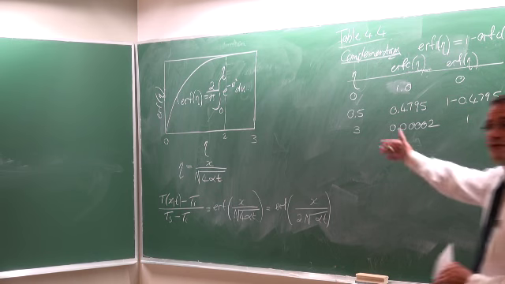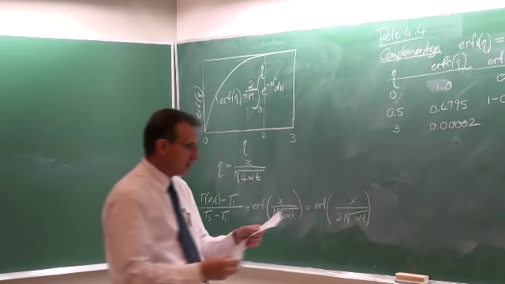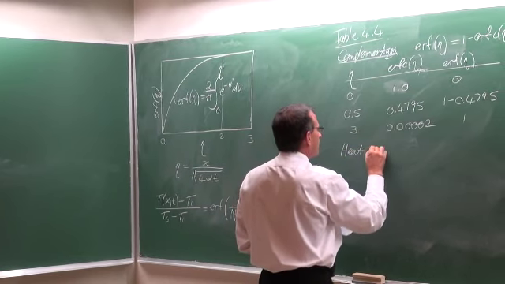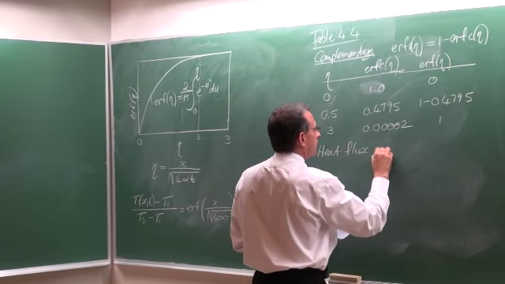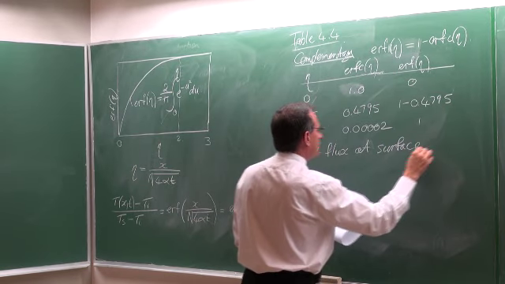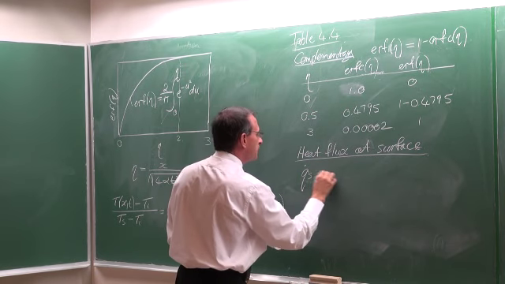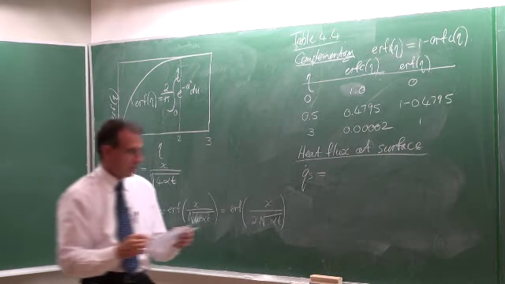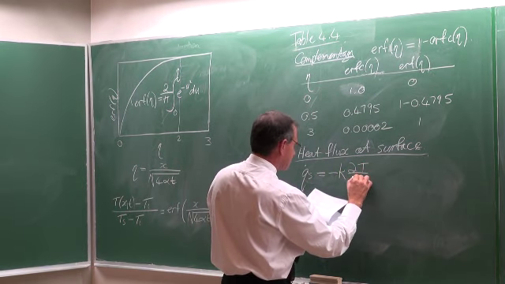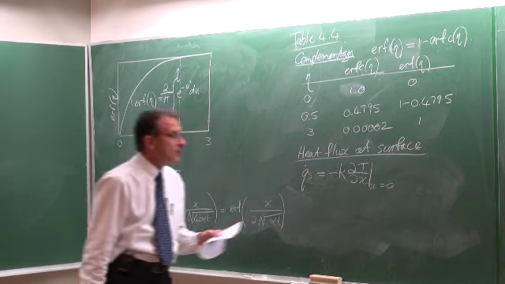Okay, now that we've solved the temperature distribution, we can also solve the heat flux at the surface. The heat flux at the surface would be equal to minus k partial dT dx, where x is equal to 0.